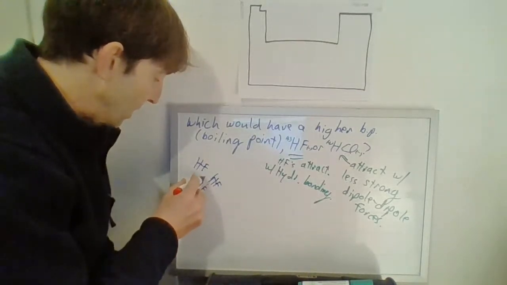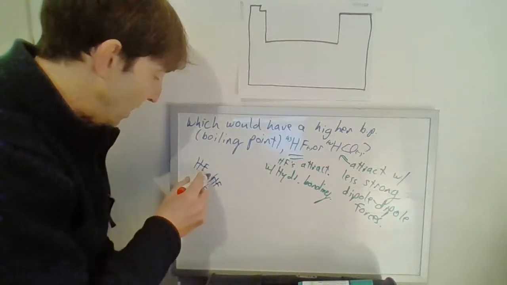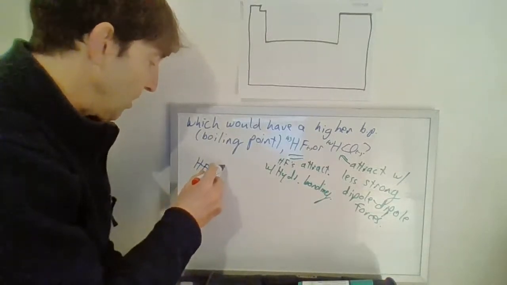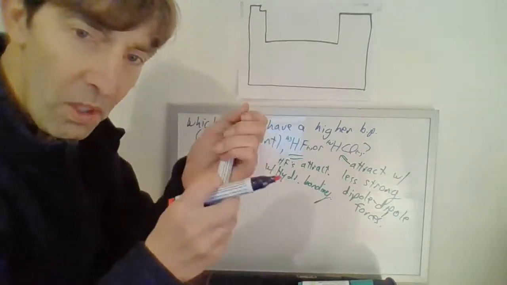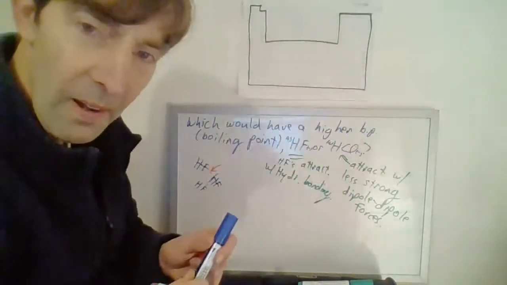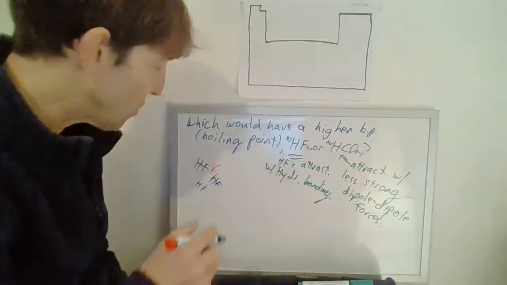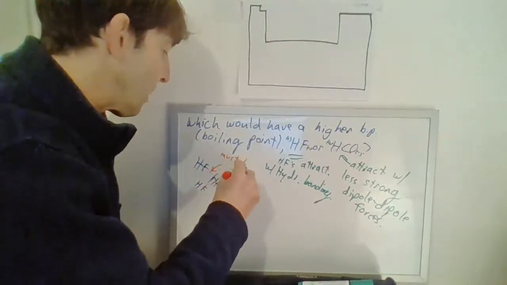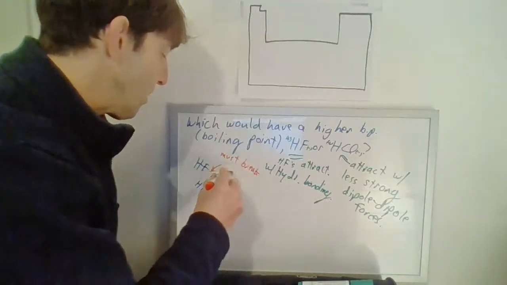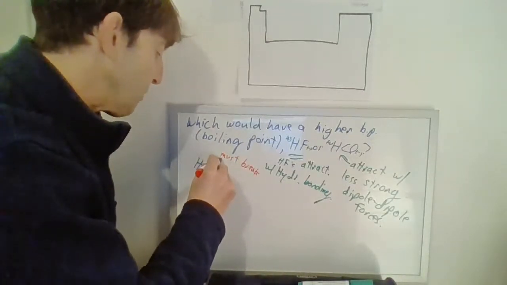I got to break this. You know what I mean? I got to break this. So lots of attractions. To boil something, to change it from a liquid to a gas, I've got to break attractions to do it. Must break the hydrogen bonding to form a gas.